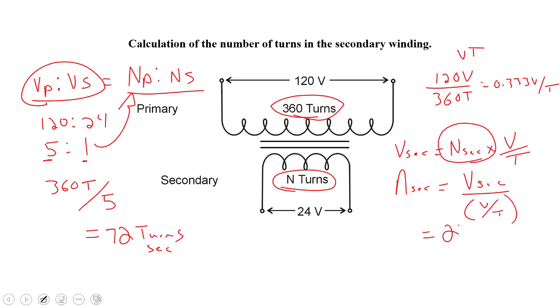So 24 volts divided by 0.333 volts per turn gives the answer 72. 72 turns on the secondary. So a couple different ways. There's always different ways to do this. Sometimes you're going to get questions that force you to use volts per turn ratio. Sometimes you'll get them where you'll use the transformer ratio.